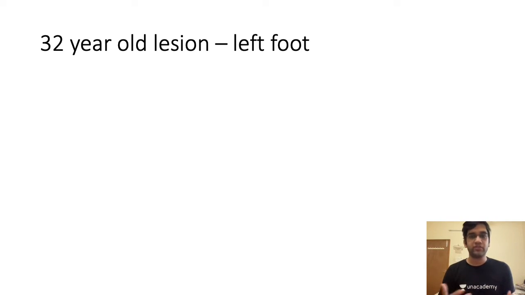So these are the broad differential diagnoses which come to my mind when I think of a left foot. Always have this approach. You think of what are the possible differential diagnoses. When you imagine like this, most of your answers will fit into it. Those which will not fit into it are the rare ones. We'll ignore them for now. Fine. So let's go ahead and see what it is.